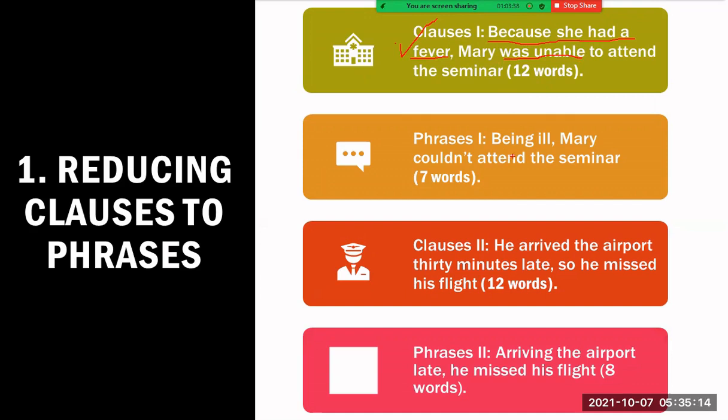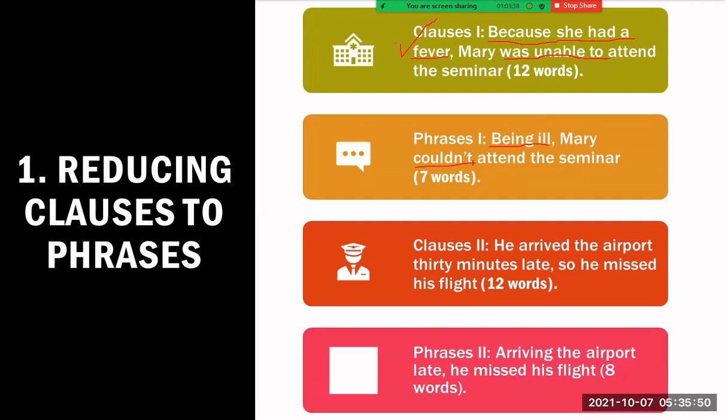Because she had a fever, we reduce it to being ill, all right? Of course, someone who has a fever is ill. So being ill, Mary couldn't. So instead of saying was unable to, we reduce the 3 words into couldn't, all right? When you are unable to do something, it means you can't do it. If you were unable to do something, it means you couldn't. So Mary was unable to, so she couldn't.